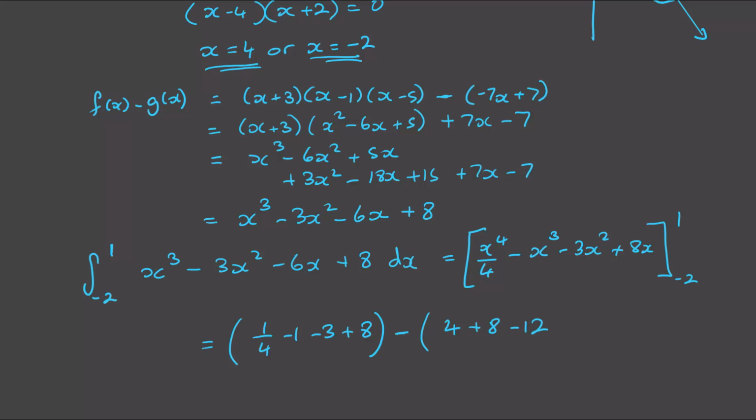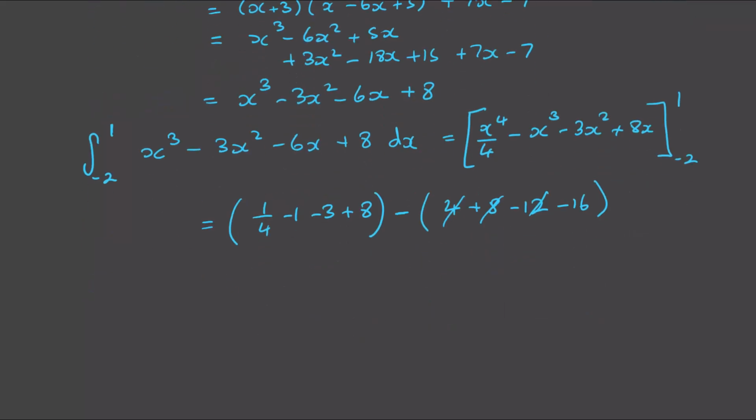And then 8 times negative 2, negative 16. 4, 8 and 12 are going to cancel out there. And so this bit ends up being 4 1/4, and then we've got plus 16, so that is 20 1/4, or 20.25 square units.